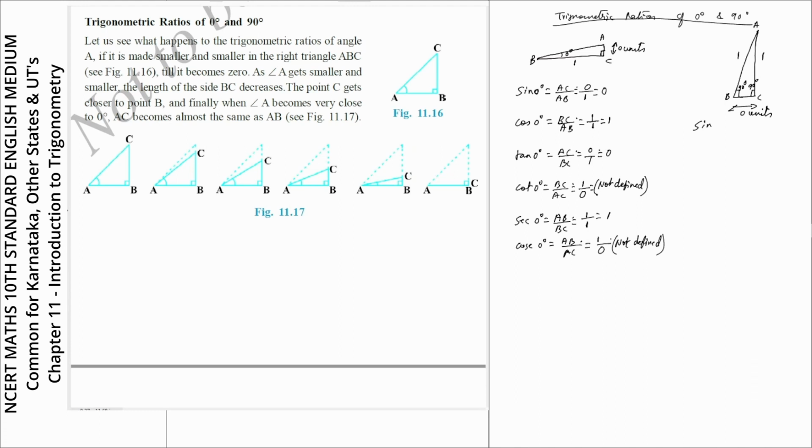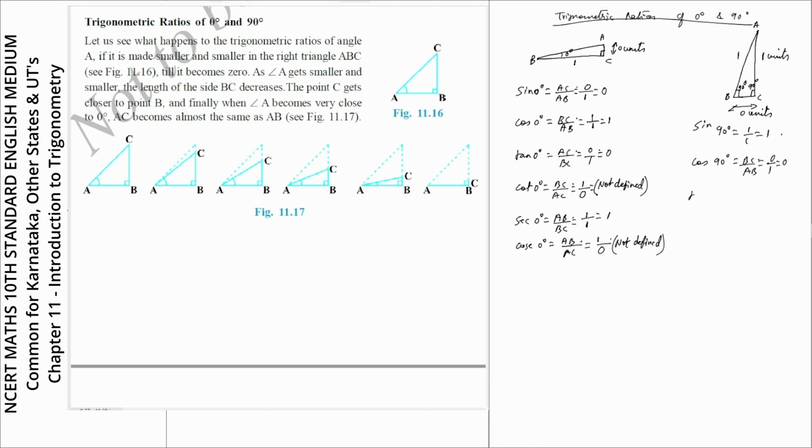So let us assume that AC is 1 unit. Okay. So now what is sine 90 degree? Sine 90 degree is opposite by hypotenuse, that is 1 by 1, we will get 1. Sine 90 is 1. So now cos of 90 is adjacent by hypotenuse, that is BC by AB. So this is equal to 0 by 1, which is equal to 0.